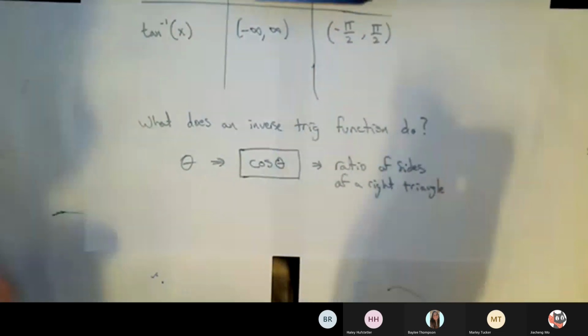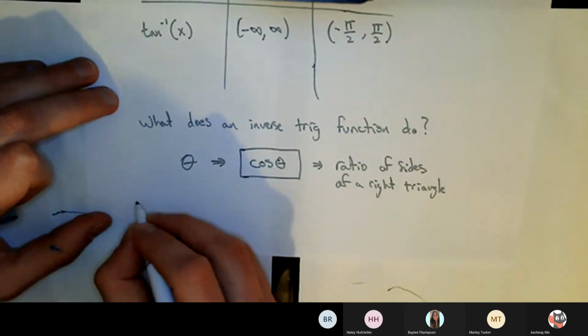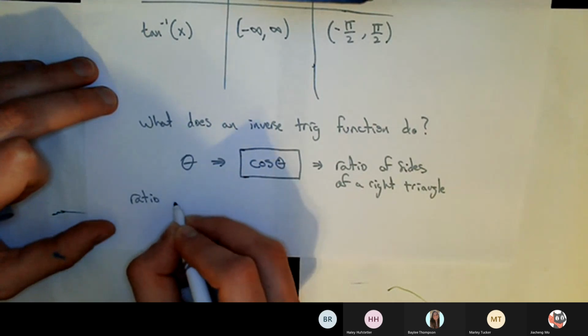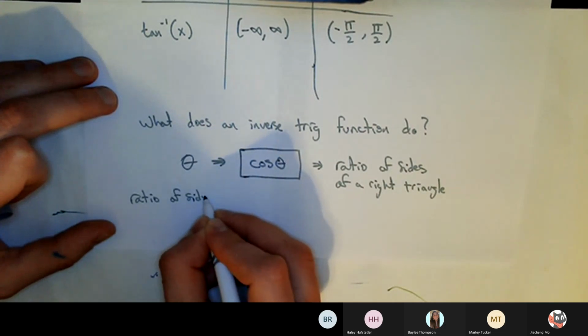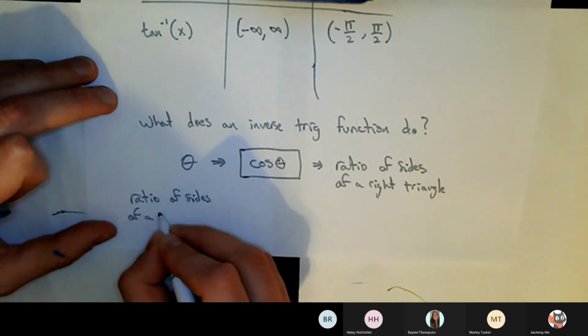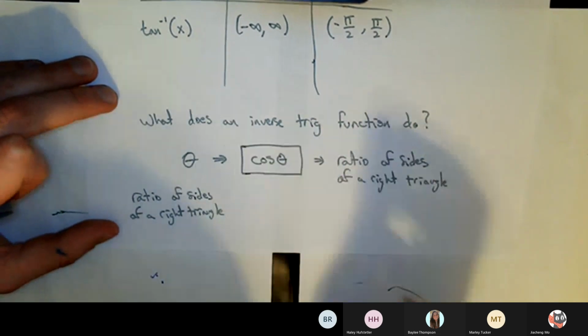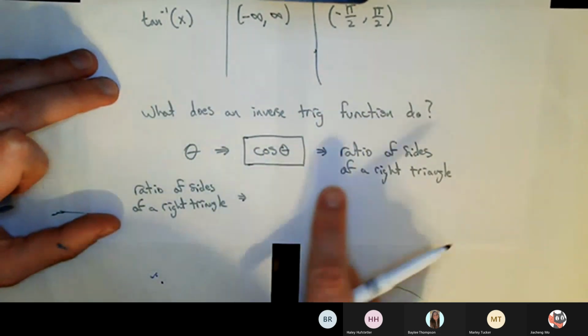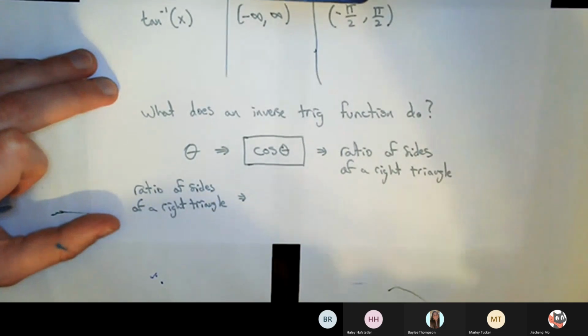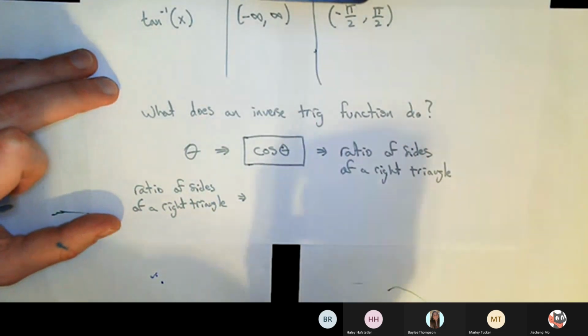Then the inverse function is now going to take in a ratio of sides of a right triangle, which typically will just be denoted as a single number because any ratio can just be written as a number if we want to.